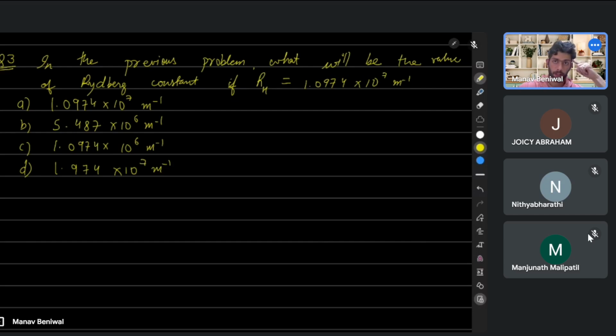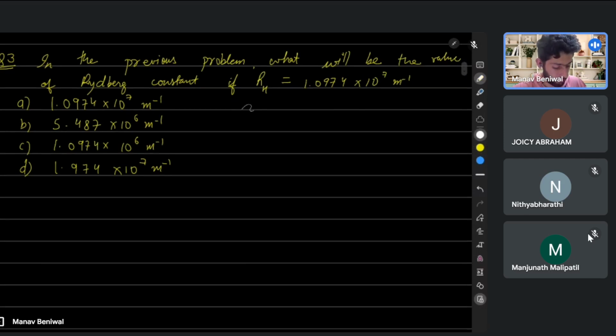Okay, so in the previous problem we had a positronium. Now let us redraw the positronium. So here we have plus e and outside we have minus e. However, for hydrogen we have a very heavy mass here, a proton, and we have an electron here.